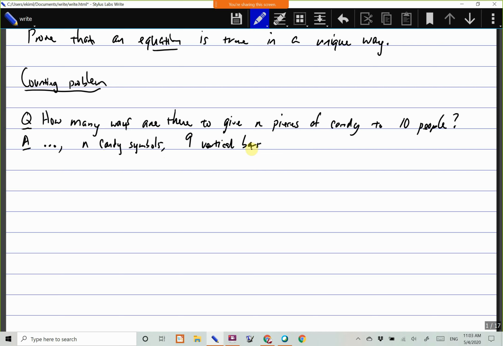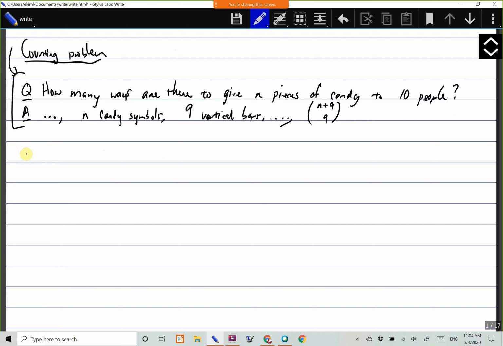For 10 people, you only need 9 divider symbols. And then some further discussion led to n plus 9 choose 9. Again, there are more things I certainly want to say about that, but here's an example of a counting problem and a brief summary of its answer.